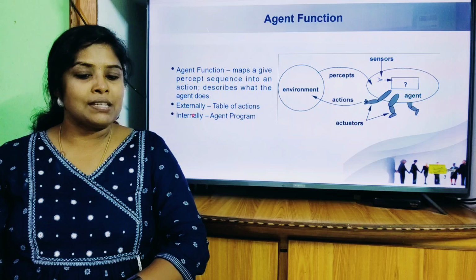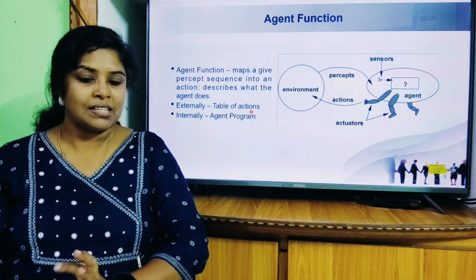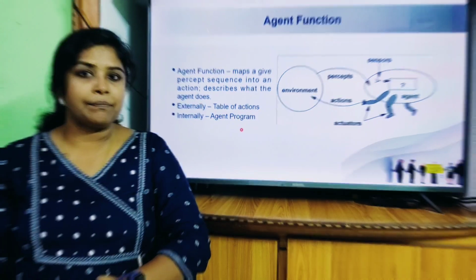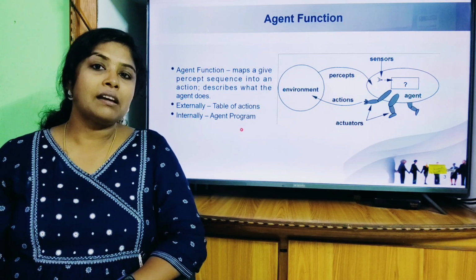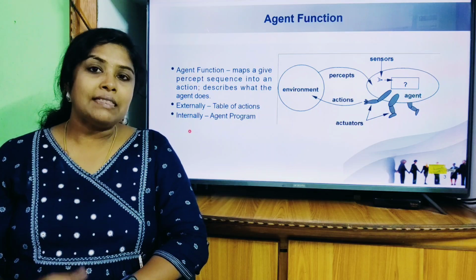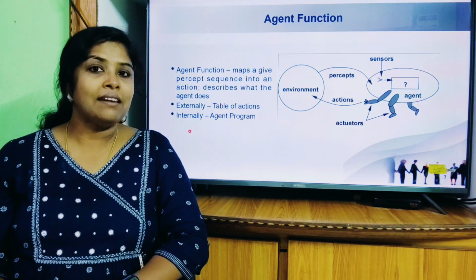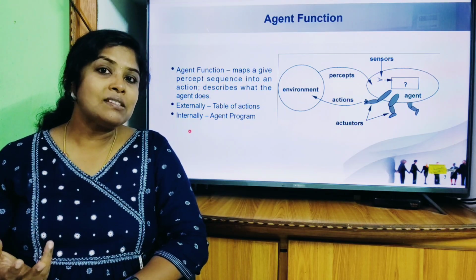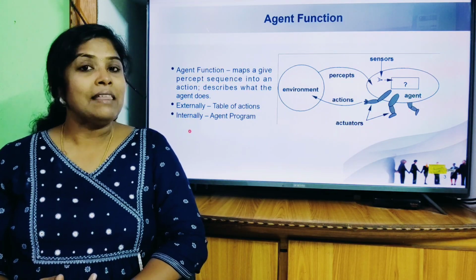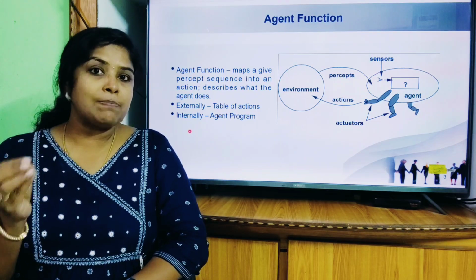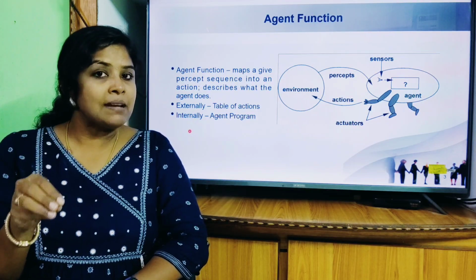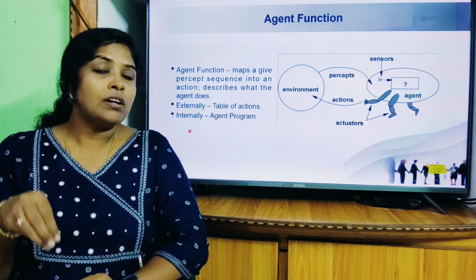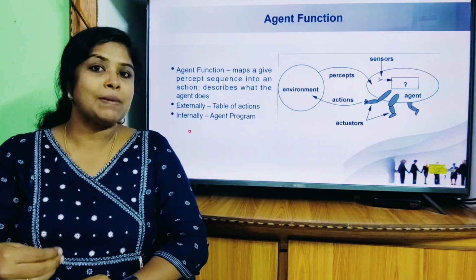Externally, we represent it like a table of actions. Internally, it is represented through the agent program. Suppose we consider the case of a transformer. If there is overheating, and we design an AI intelligent agent which needs to cool the transformer, then a sensor must be placed there, and that sensor's input should be sent to the other connected electronic devices, and automatically the cooling system must be activated.